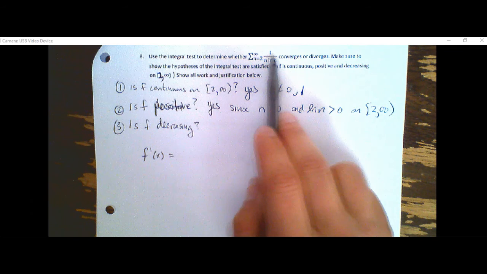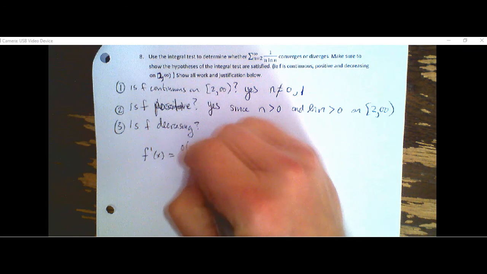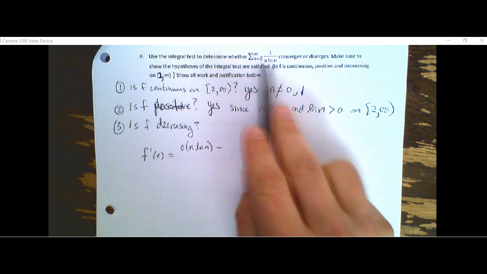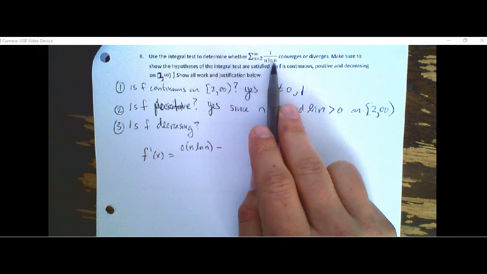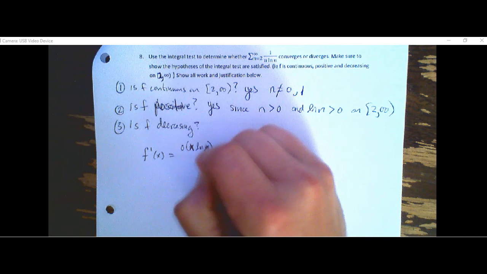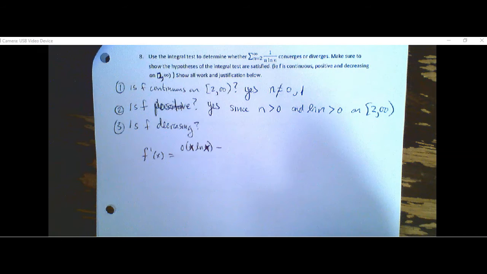quotient rule here. So the derivative of the top is 0 times the bottom minus the derivative of the bottom. We're going to have to use the product rule on the bottom, so say x here.